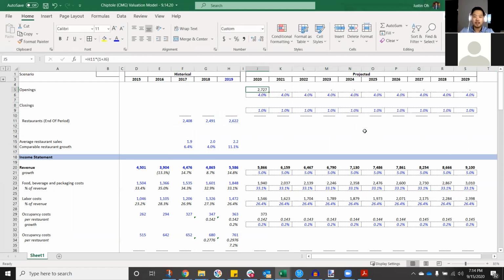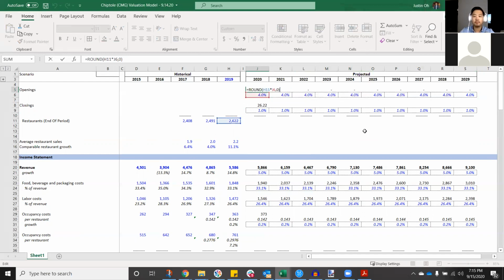Okay, so that's that. And then what I'm going to do is closings equals 1%, so times that. Sorry, this was wrong. So it's that times that. In any given year, I'm going to round it because you can't have half a store. So I'm going to use the round function to 0.